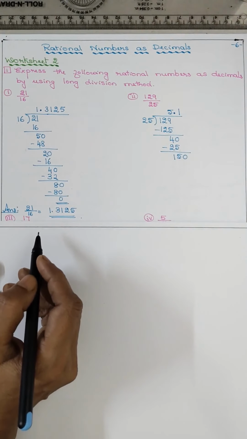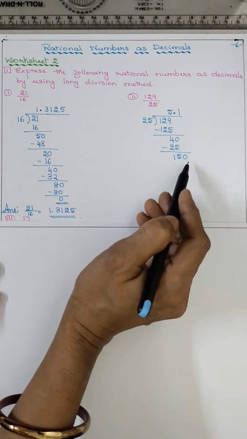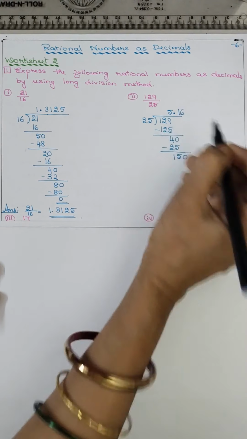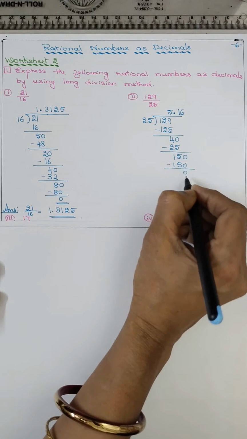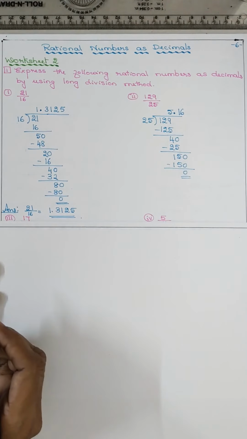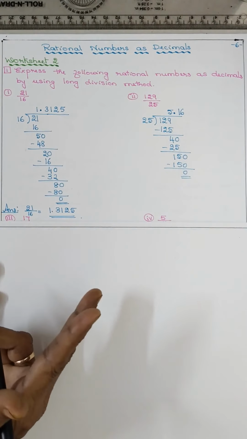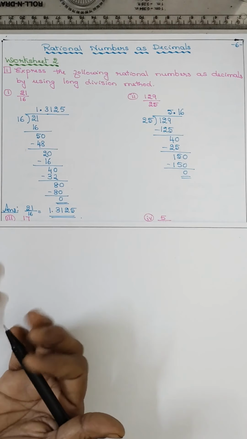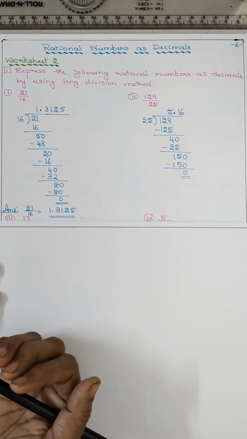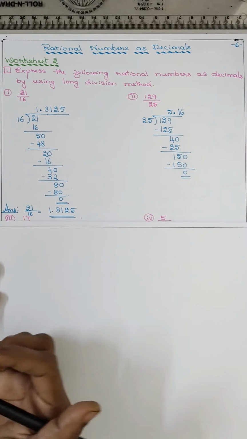It is 25 5s are 125. 25 6s are 150. Remainder is 0. 25 ones are 25. 2s are 50. 3s are 75. 4s are 100. 5s are 125. 6s are 150. 7s are 175 and 8s are 200.